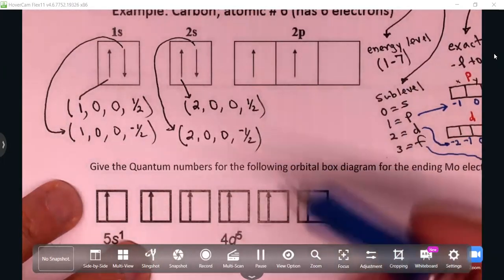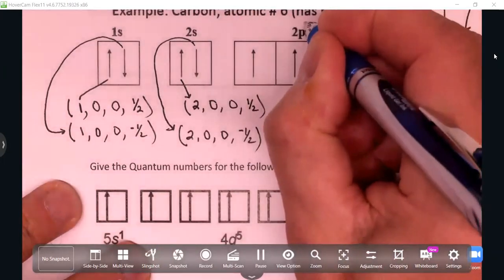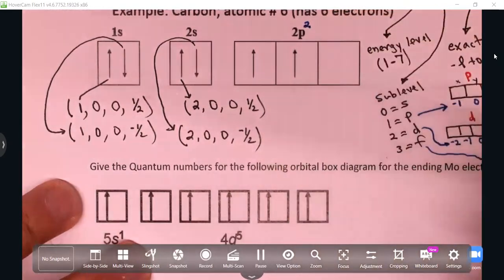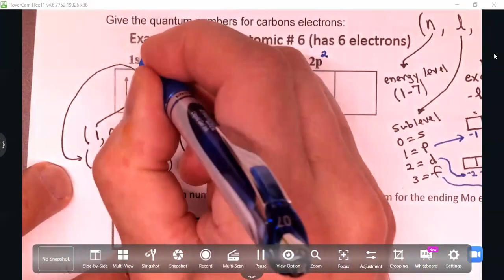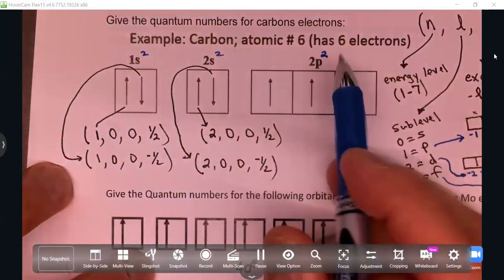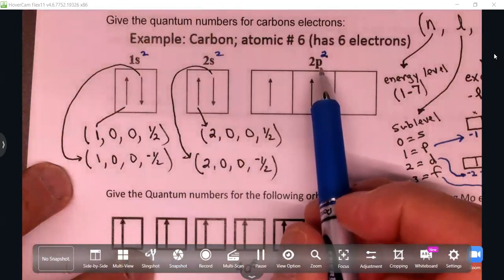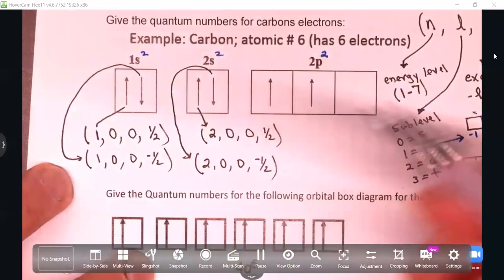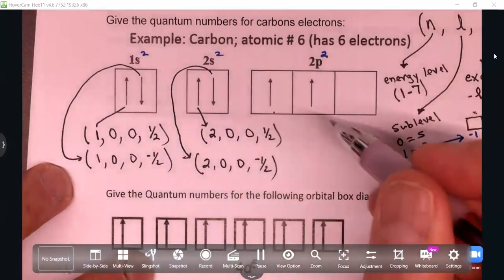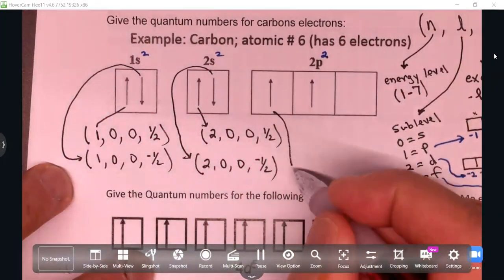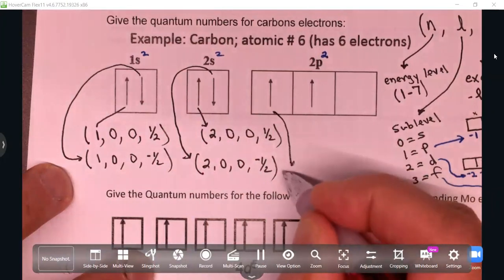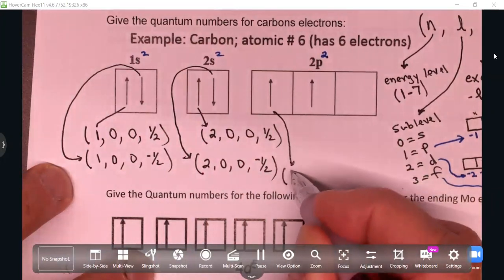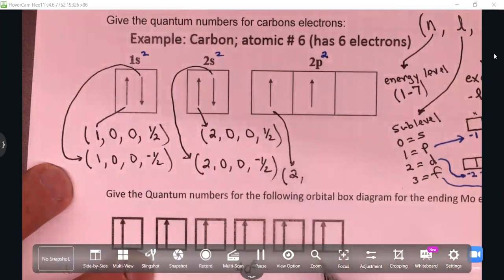This ends in 2p2, right? If we did the electron configuration notation, 1s2, 2s2, 2p2. So if we do this electron, energy level 2.